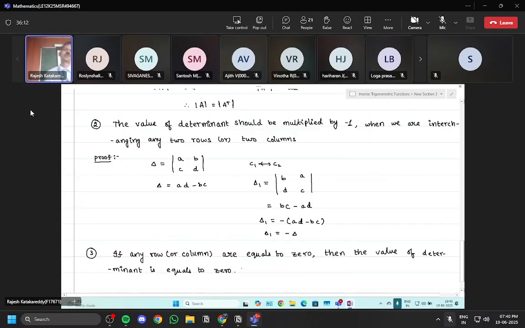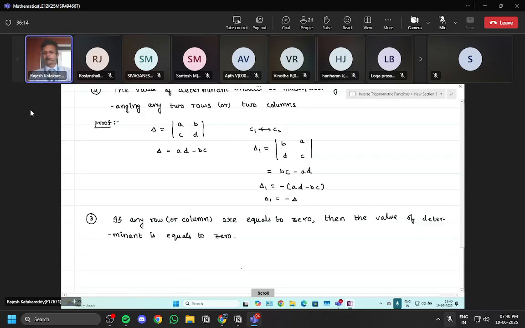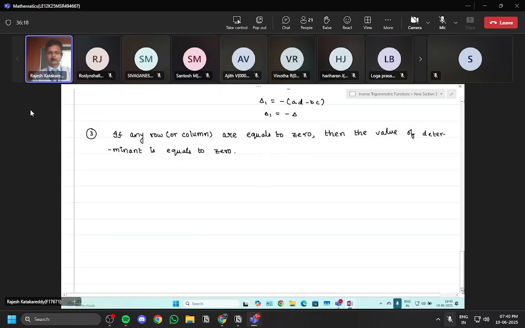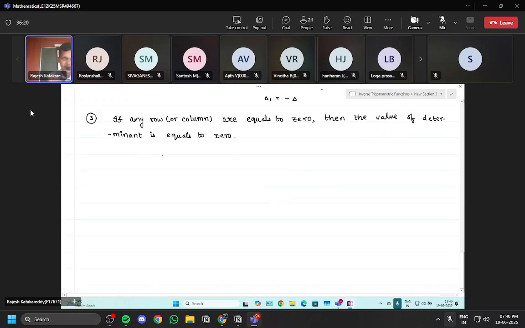If in a determinant you have any row or a column which is entirely equal to 0, in that case, the value of determinant will be equal to 0.